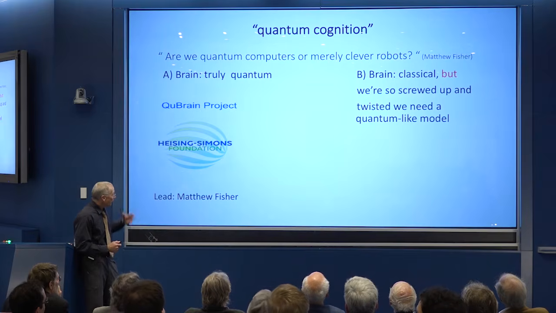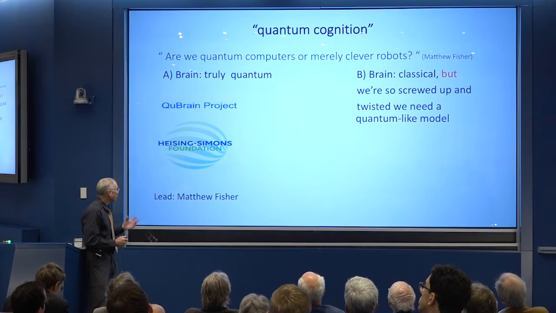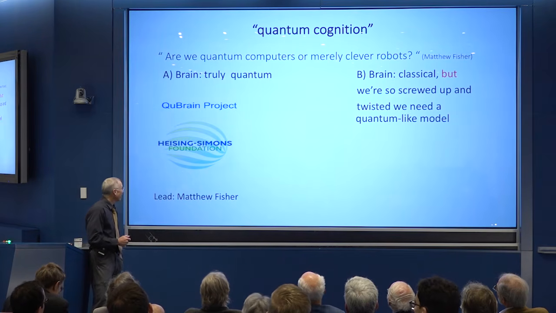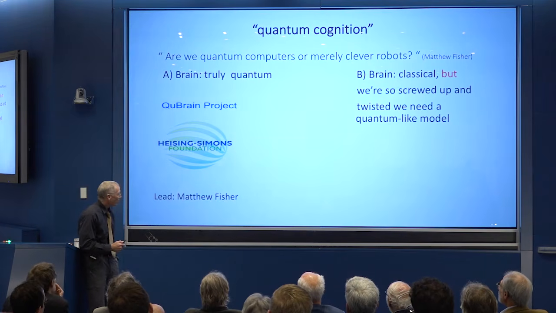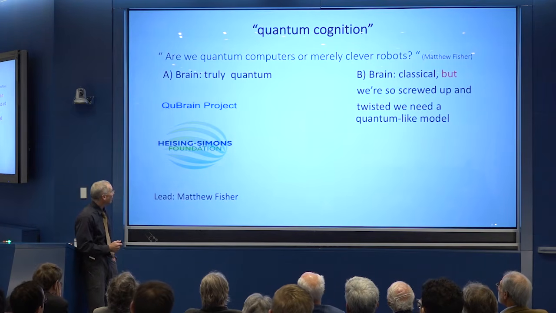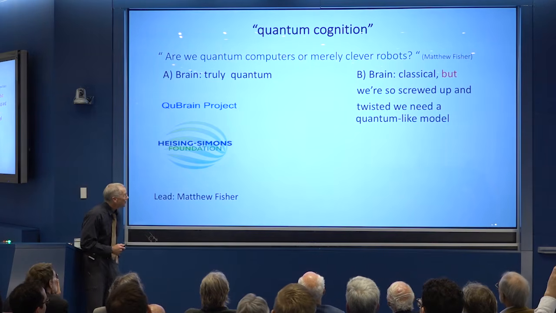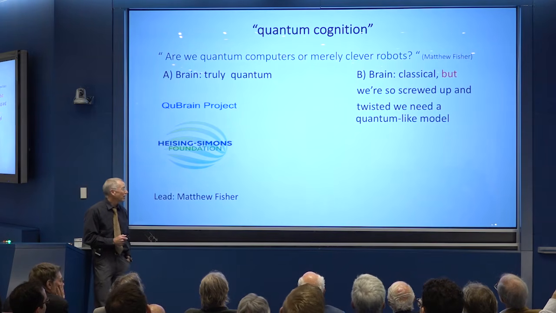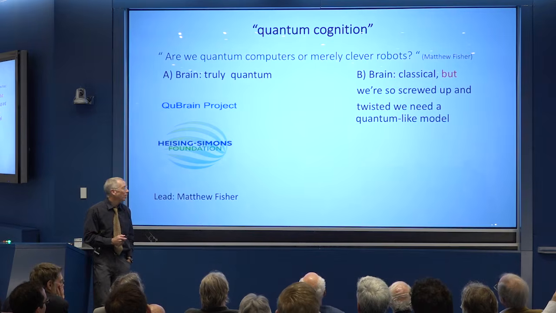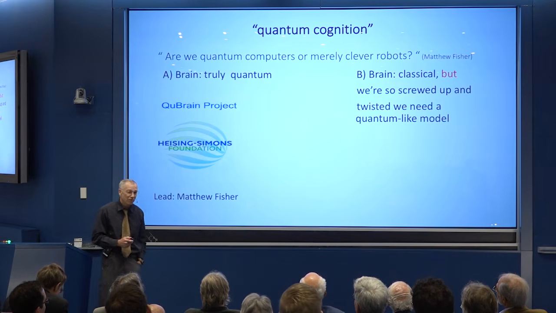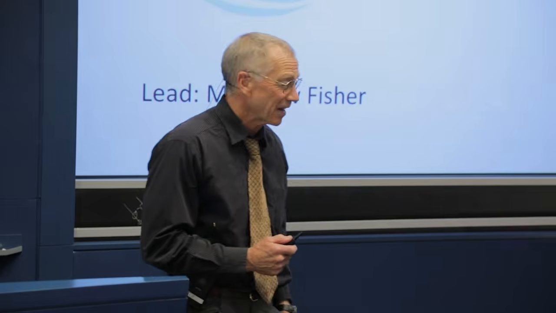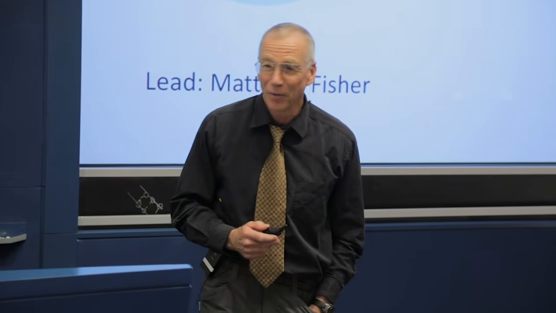And Matthew is developing a research program, interestingly funded by the Chern-Simons Foundation, to explore whether phosphorus nuclei can process information in the brain. Plan B is sort of agnostic. Maybe you don't believe the brain is really quantum mechanical, but the empirical observation is that we're so screwed up that unless we take an effective quantum model, we'll never get anywhere in figuring out what we're thinking.